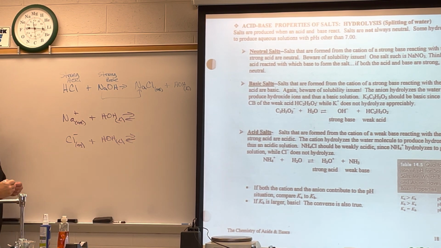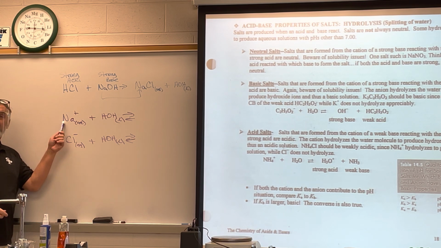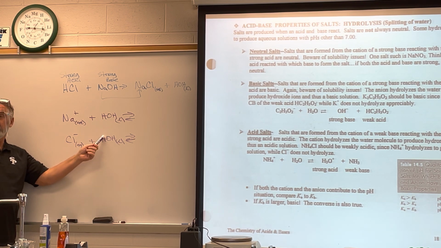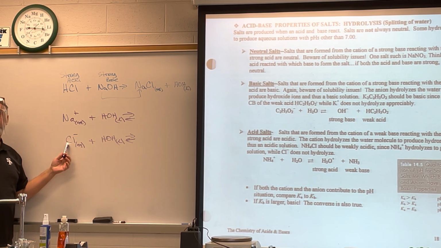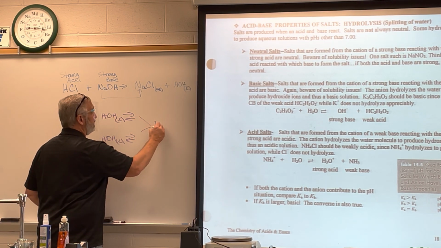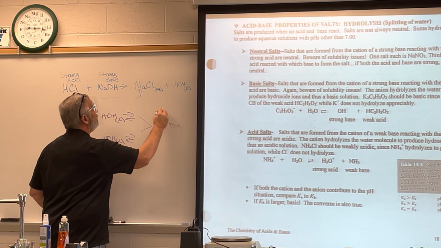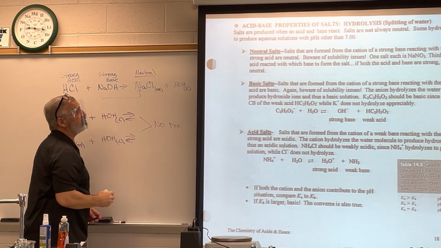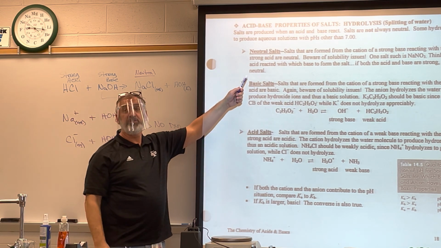But because these are both very weak conjugates, they are not going to be strong enough to pull the hydrogen off of the water. As a result, they're just going to float around and be spectator ions. So there's no reaction. So this is going to be a neutral salt. Strong plus strong is going to make a neutral salt.